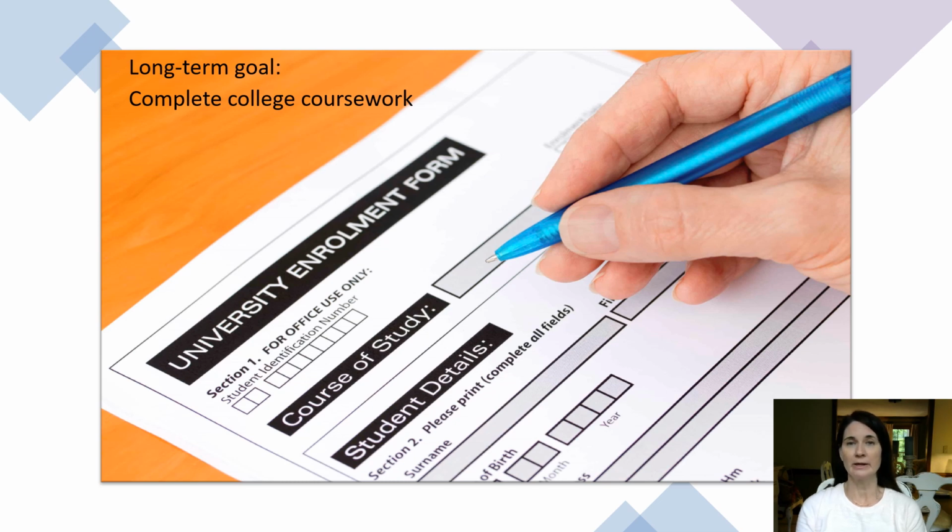It might mean applying for various scholarships and grants to help pay for the courses, and also registering for the appropriate classes, working through those classes and coursework until all of those degree requirements are met and the individual graduates with the degree. So that's a perfect example of a long-term goal.